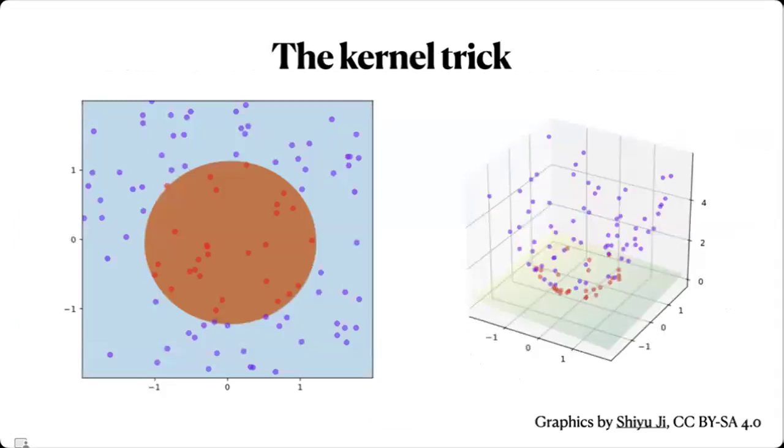There are cases where, for example, in classification problems, it's hard to find a good linear separator. Here's a classification problem on the left where we want to classify whether a point is red or purple, and there's no linear classifier. There's another shape, a circle, that classifies the points well, but we don't have a linear classifier.